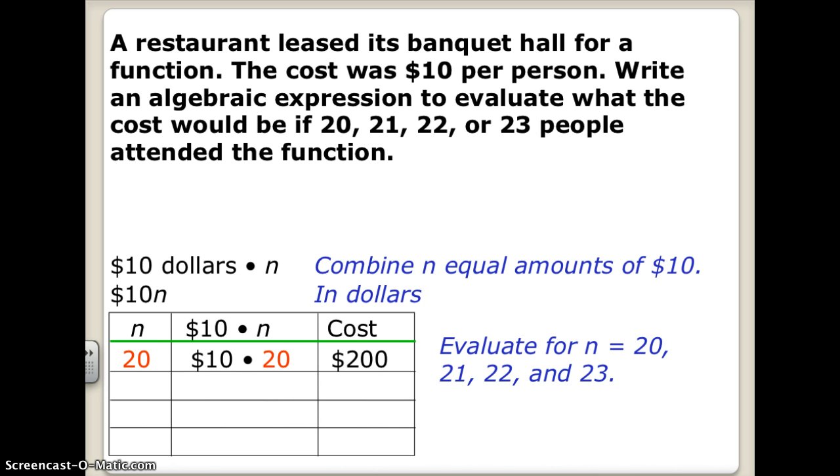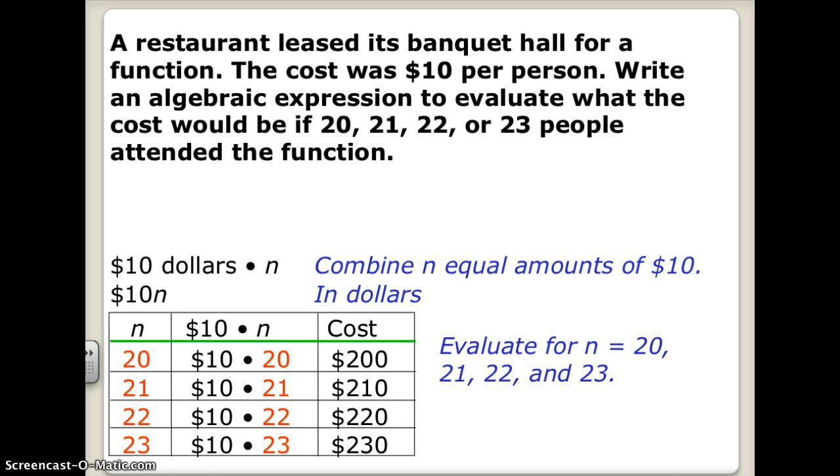We have 20 people, so 10 times 20 is $200. 21 people, 10 times 21 is $210. 22 people, 10 times 22 is $220. 23 people, 10 times 23 is $230. A table gives you a nice way to view multiple sets of data at the same time.